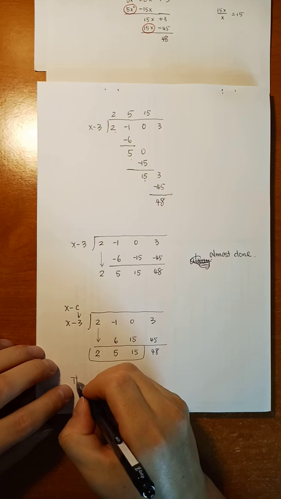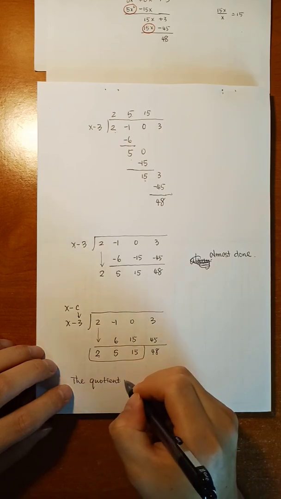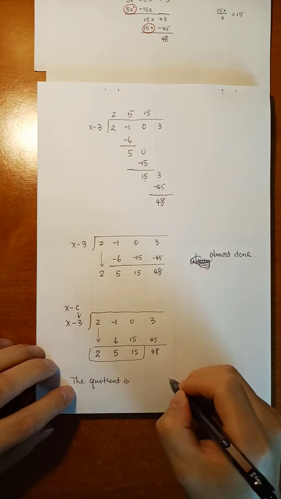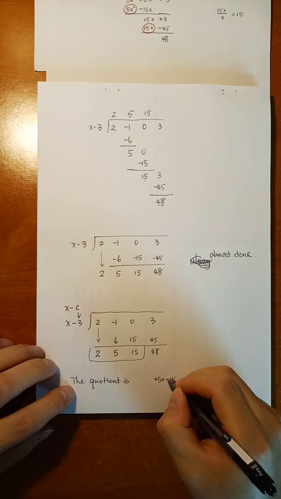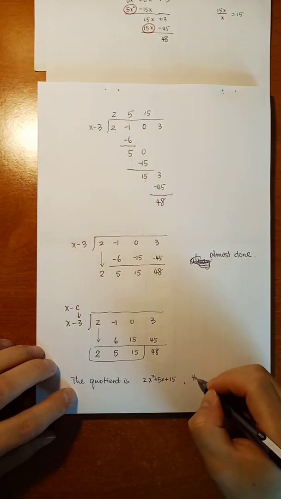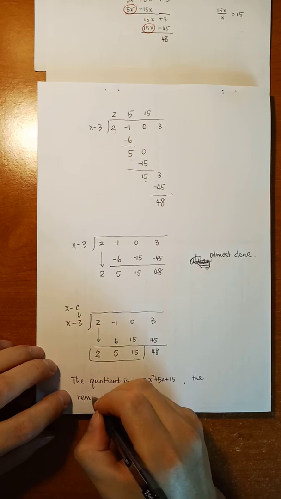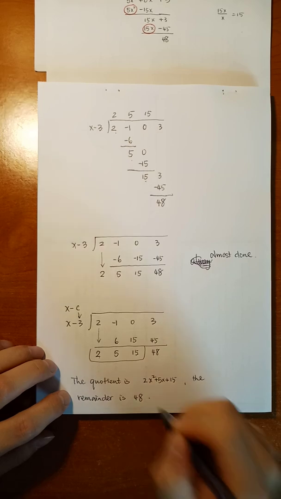So the quotient is the constant, the linear term, and the square term, and the remainder is 48.